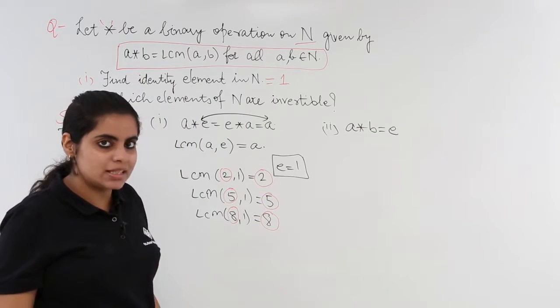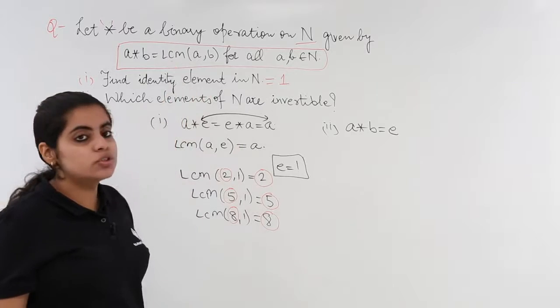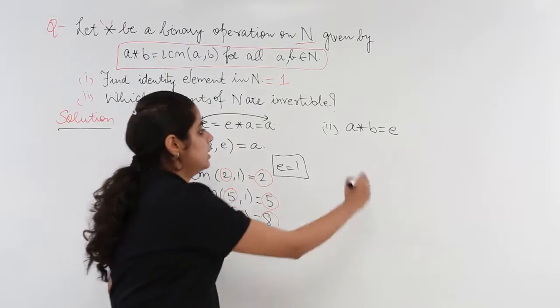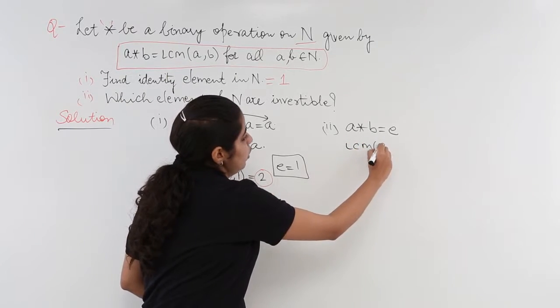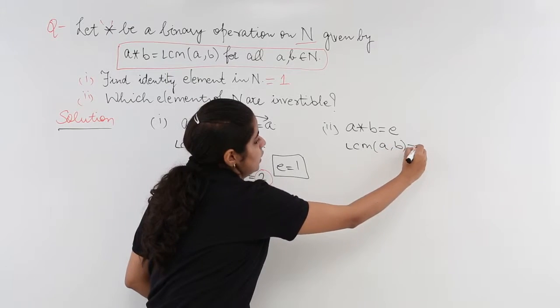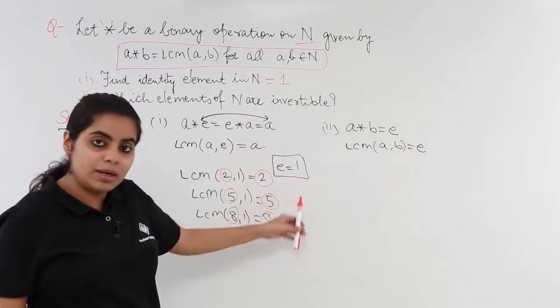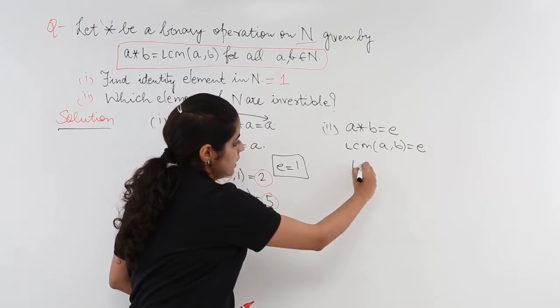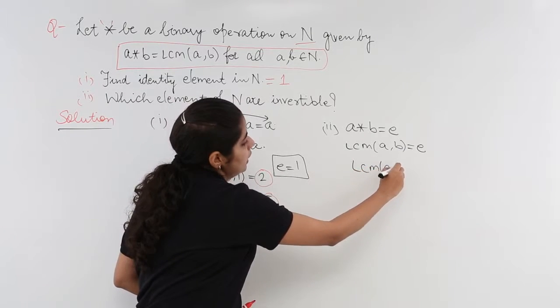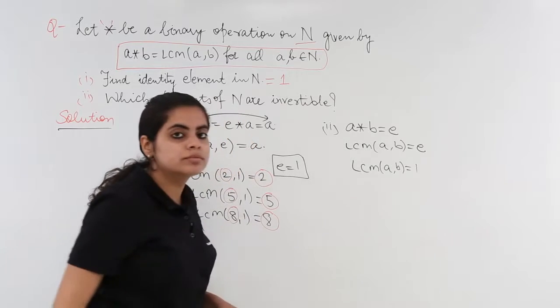A star b is given as LCM of a, b. So I write LCM of a, b is equal to E. What is the value of E? E is nothing but 1. So LCM of a, b is equal to 1.